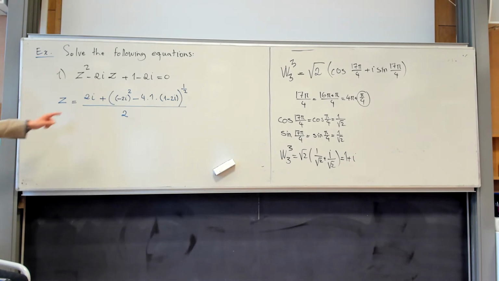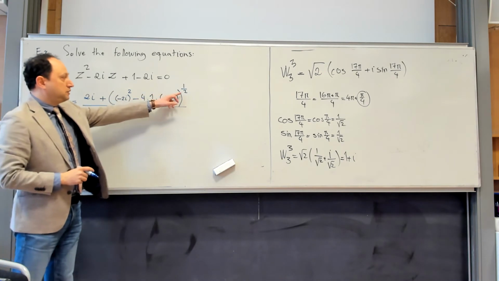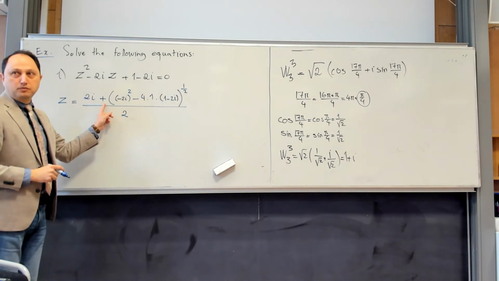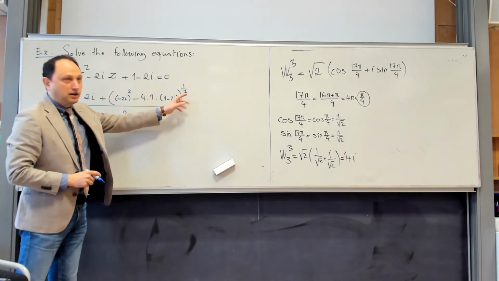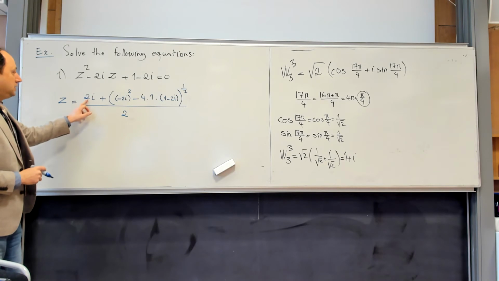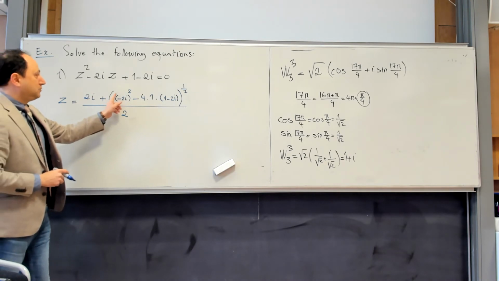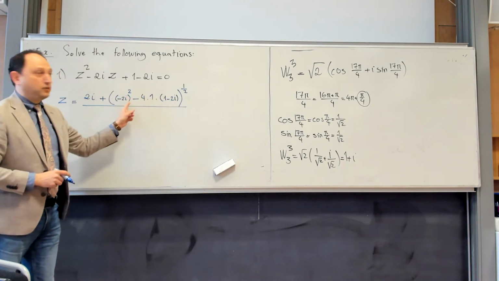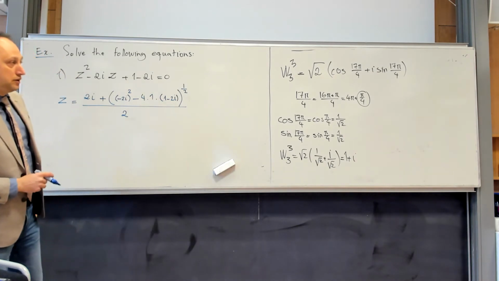So don't get confused. I am using the convention that we talked about, which is why I am not putting plus and minus. This way of writing automatically takes care of that plus and minus. So I have to simplify these things. I don't have any problems here. Probably the main part is to calculate this one, and that is the power 1 over 2.